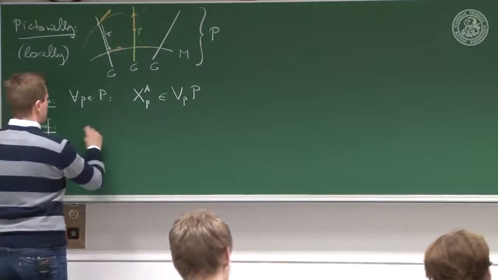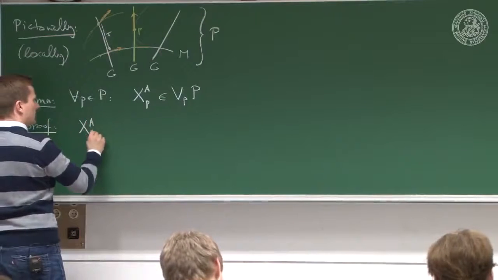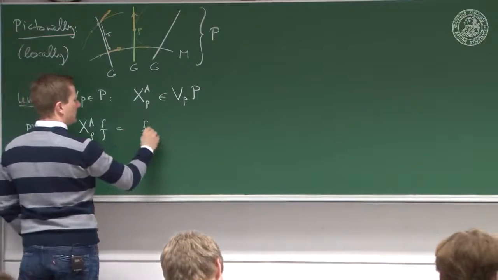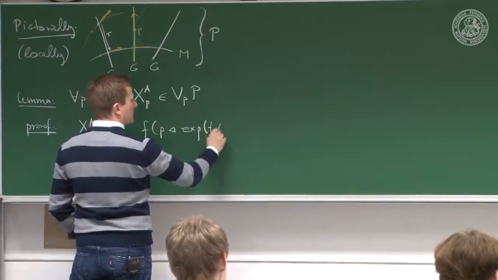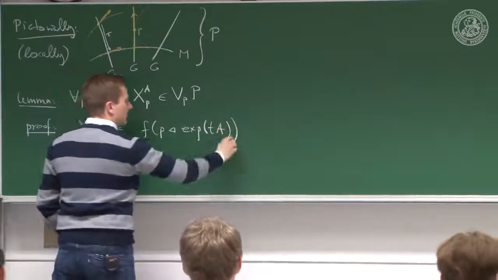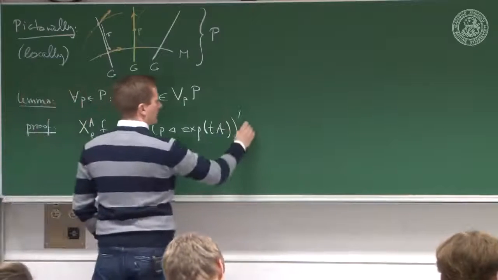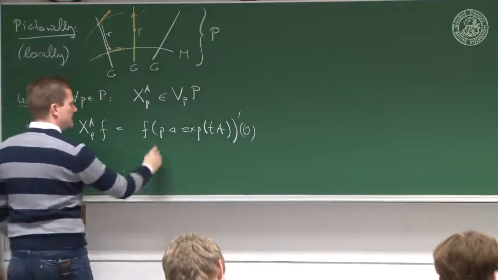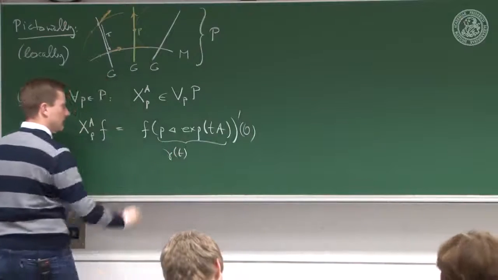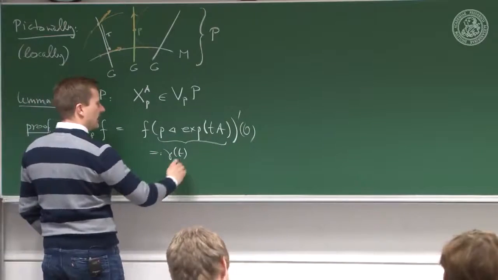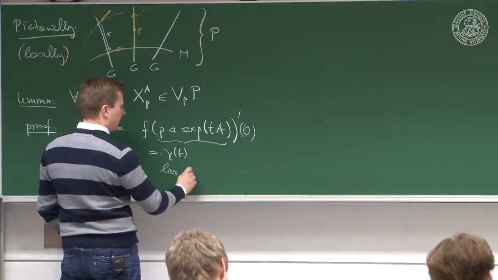We saw that X^A_P was that vector field that was generated by pushing forward this point P by this one-parameter subgroup and evaluating here. And it's clear that this curve here, this is a curve gamma of t, right? This lies entirely within a fiber.